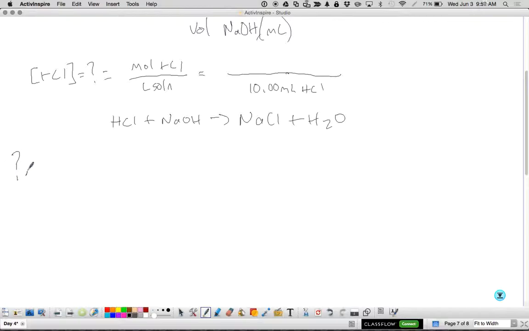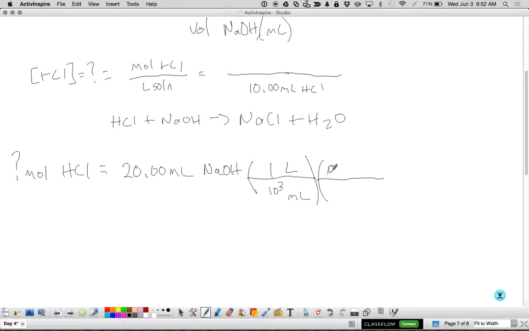So my question mark moles HCl is going to be 20.00 milliliters NaOH times 1 liter over 10 to the 3rd milliliters times 5.0 times 10 to the minus 3 moles NaOH per liter solution.